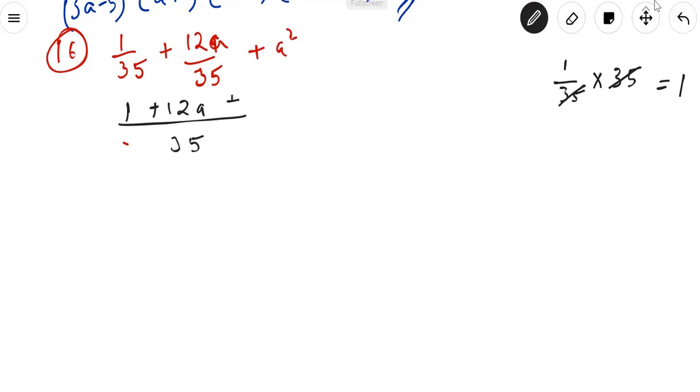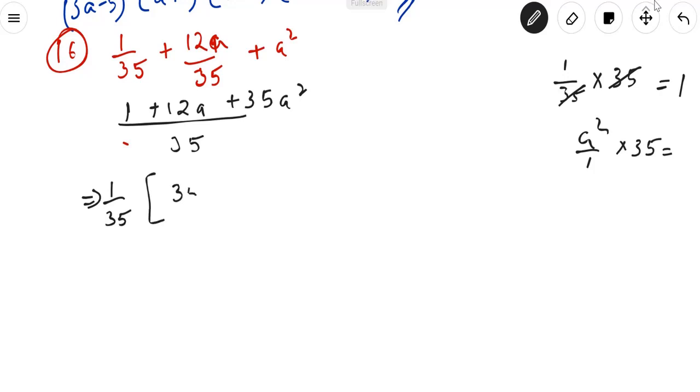Here I'm going to get 35a square because it is a divided by 1 into 35. So this becomes 35 into a square. So how will I rewrite this equation? 1 divided by 35, I'm going to take it outside and I'll rewrite this equation. First I will write 35a square plus 12a plus 1.